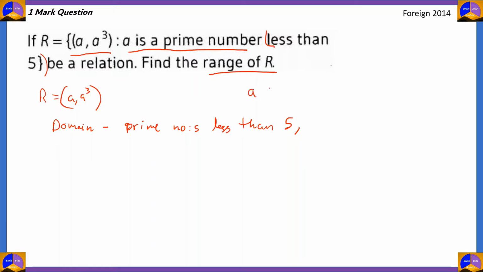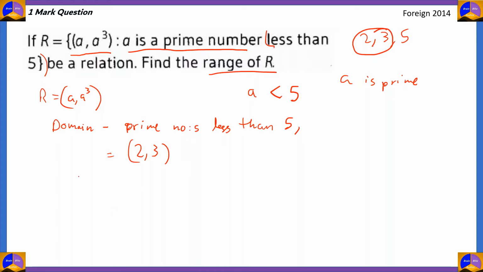So the value of a should be less than 5, and a is prime. So think of prime numbers that are less than 5. The first prime number is 2, the second is 3, and the third is 5. So as you can see, 2 and 3 are less than 5. So our domain is {2, 3}.